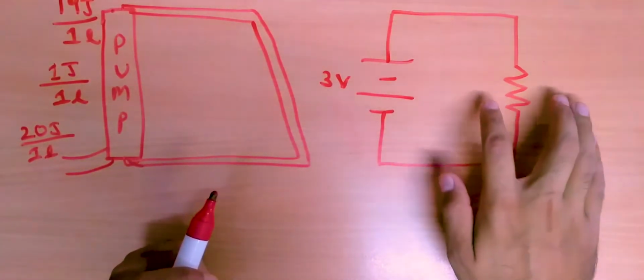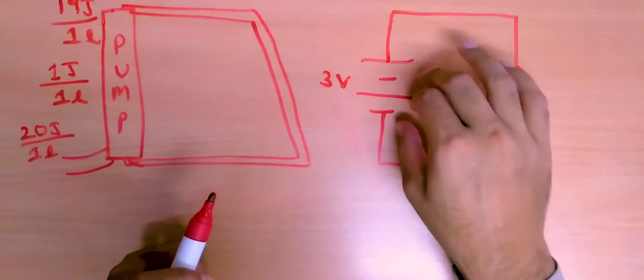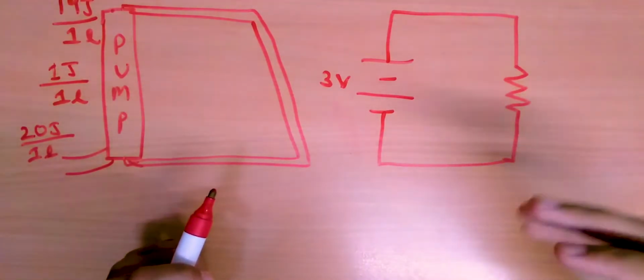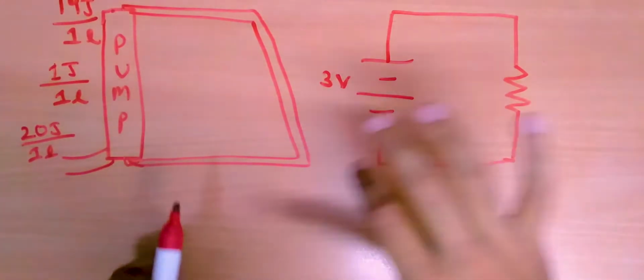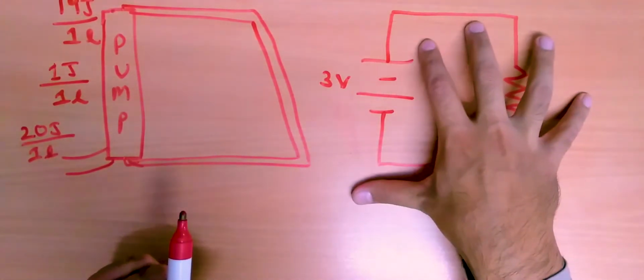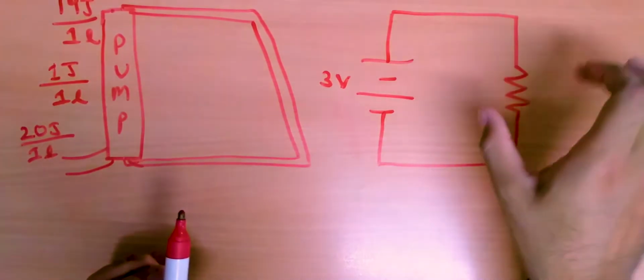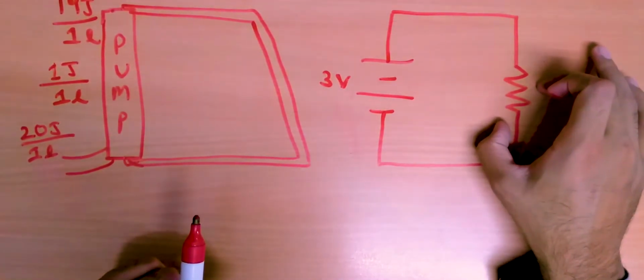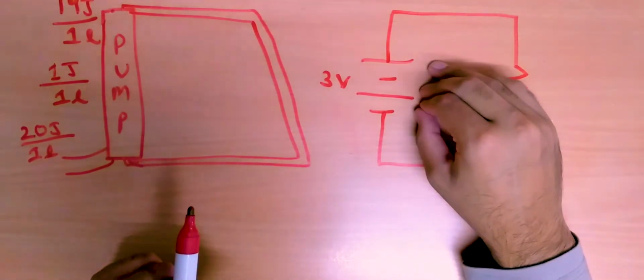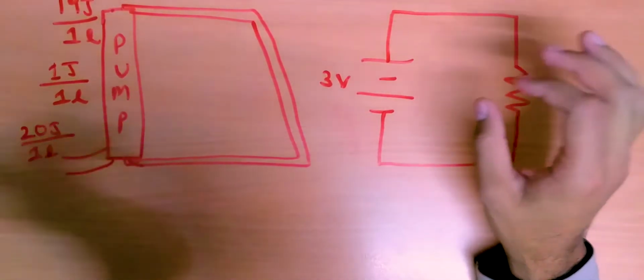Just like this resistor here, even the battery has some resistance, called its internal resistance. So from now onwards, whenever we are looking at such circuits, we will not just count the resistance of the resistor itself, but we will also have to count the resistance of the battery, which is called the internal resistance.